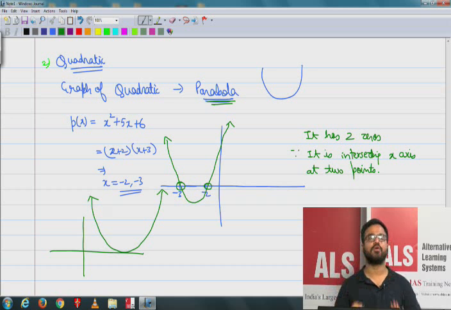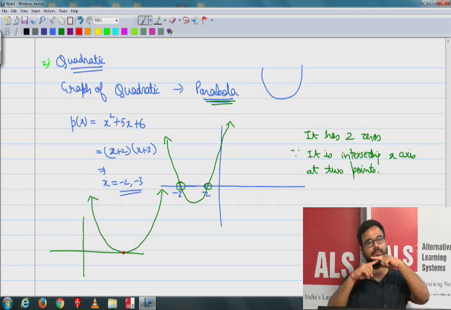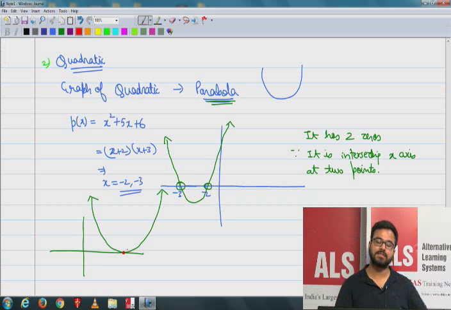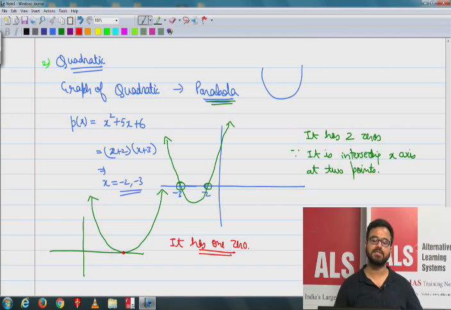But here you can see that the graph is not intersecting the x-axis, it is only touching the x-axis at 1 point, not intersecting, just touching the x-axis at 1 point. So when it is touching the x-axis at 1 point, it means it has only 1 zero. It has 1 zero since it is touching the x-axis at 1 point, that's why.